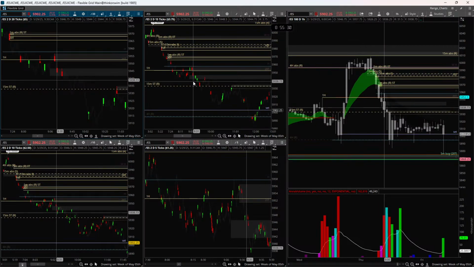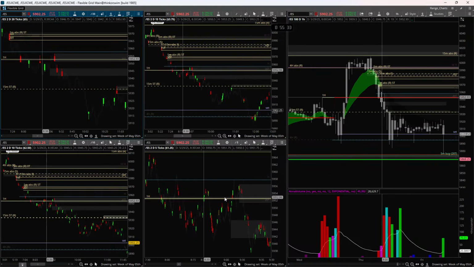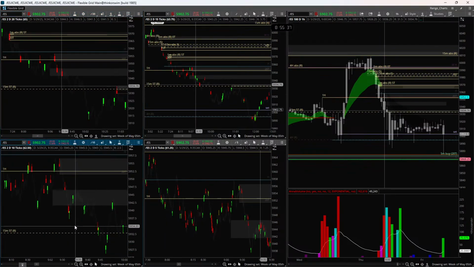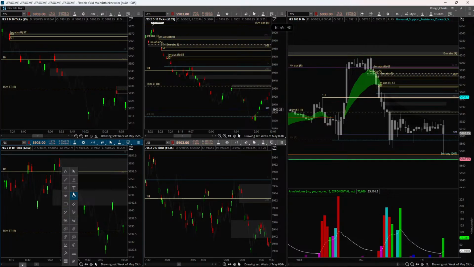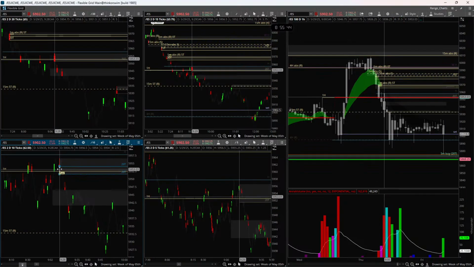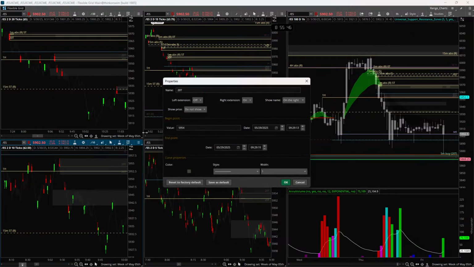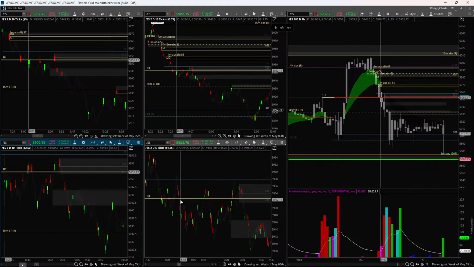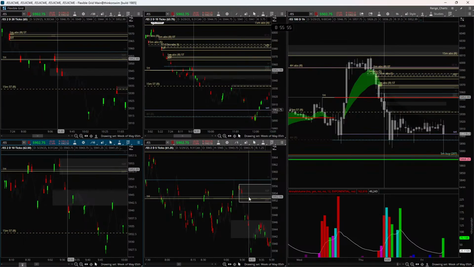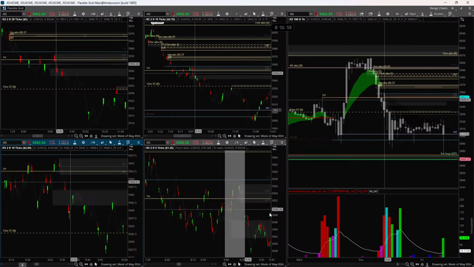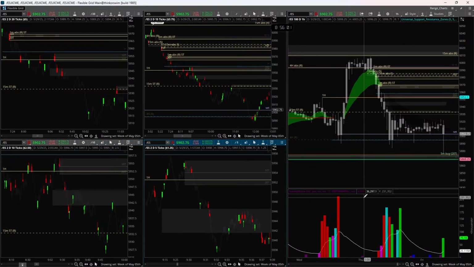Okay, got a 10 tick. 5 tick. 10 tick right there. So this is just an area of high interest that I'd like to see price reject. Okay, so we got one here.